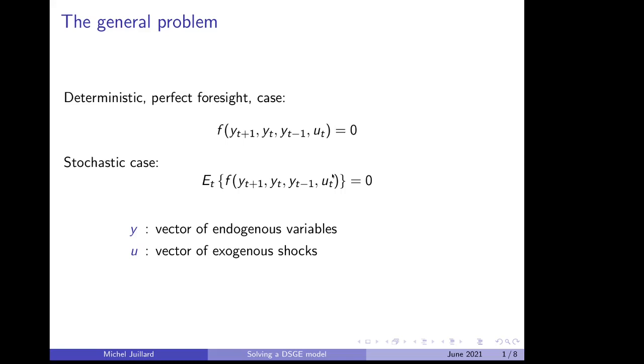The best we can do, and it is at the heart of the rational expectation hypothesis, is to solve the model in such a way that it is the conditional expectation of the function, rather, that is equal to 0. In both cases, as I already mentioned, y is the vector of endogenous variables and u the vector of exogenous shocks.